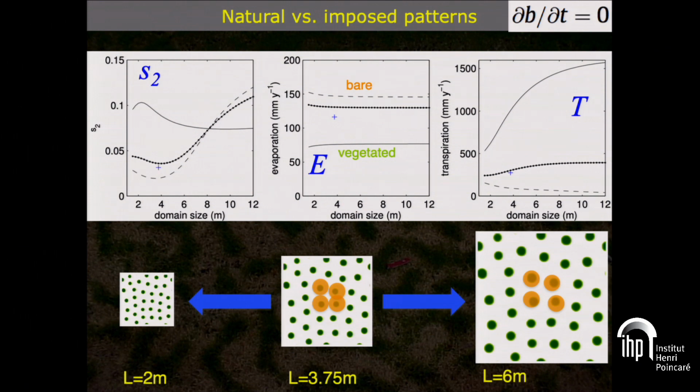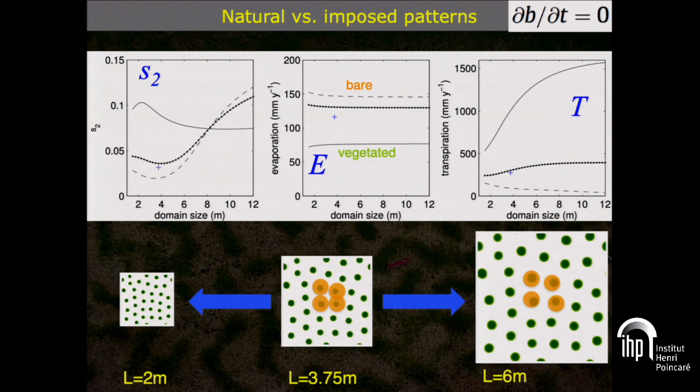This we could probably also understand in the sense that we scaled the pattern, but we did not scale the length of the root system, because the model stayed the same. We did not touch the model. We just changed the pattern. If you look at a cartoon of the width of the root system here, you would see that some of these could still be competing for the same resource with each other.